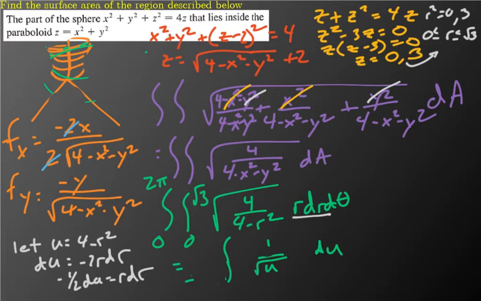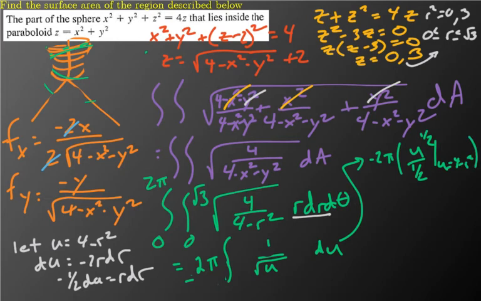So really now in front I have minus 2 pi still. Then it's just a power rule, really. So you get minus 2 pi times u to the 1/2 over 1/2.